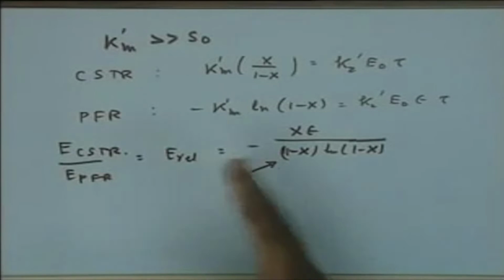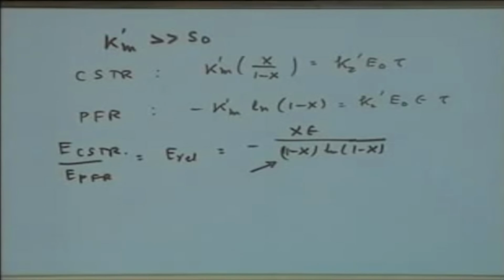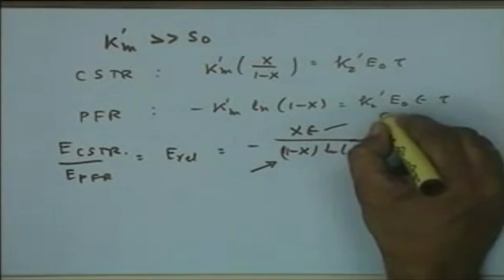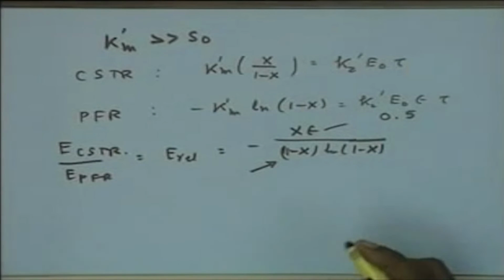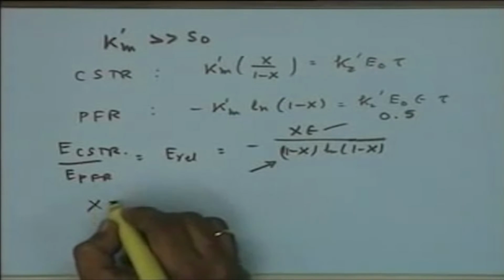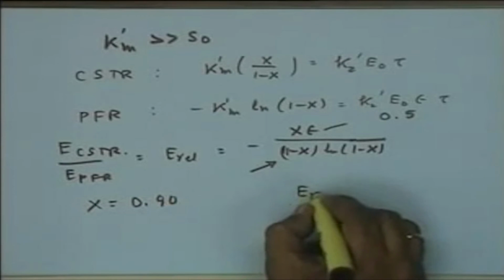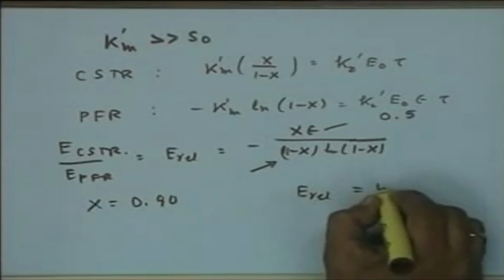You can hypothetically put some values. A safe value for epsilon for a typical packed bed reactor is, let us say, 0.5, varying between 0.4 and 0.5. You take a simple value of 0.5, and if you make the calculation for x equal to 0.90, the E relative required will be equal to 4.5.